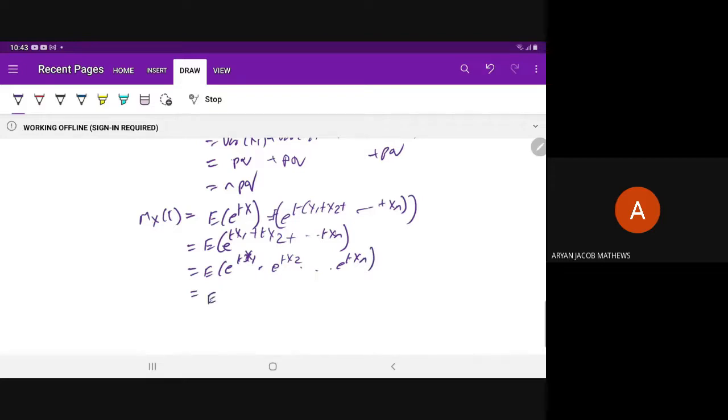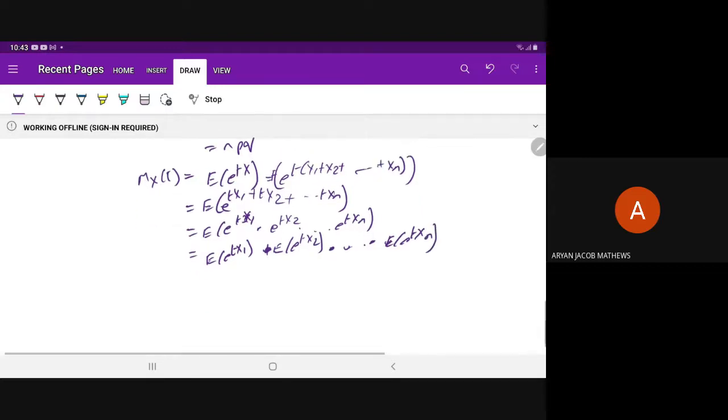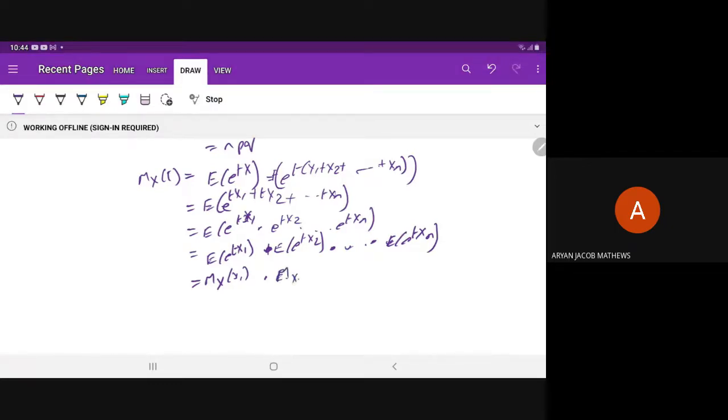So it is the expected value of e to power tX1 into the expected value of e to power tX2 into the expected value of e to power tXn. It is M of X1 into M of X2 and M of Xn.